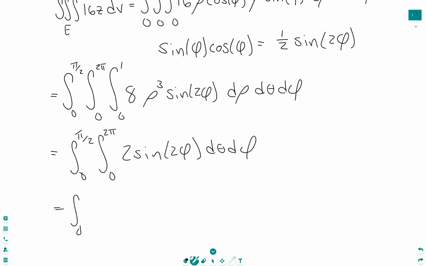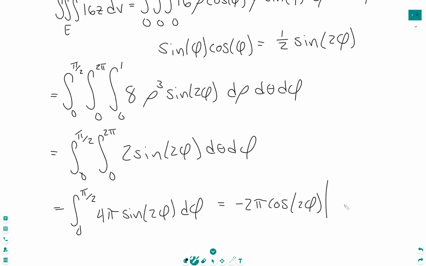So this is 0 to pi over 2 of 4 pi sine of 2 phi d phi. We can integrate this and get negative 2 pi cosine of 2 phi evaluated at phi equals 0 and phi equals pi over 2.